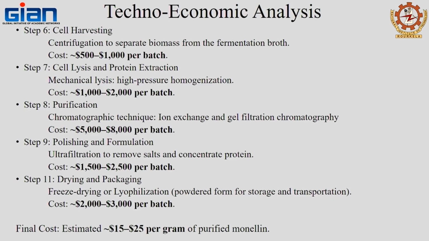For cell harvesting by centrifugation, we have taken approximately $500 to $1,000 per batch. For cell lysis and protein extraction, $1,000 to $2,000 per batch. For purification, like chromatography, ion exchange and gel filtration, it is around $5,000 to $8,000 per batch.